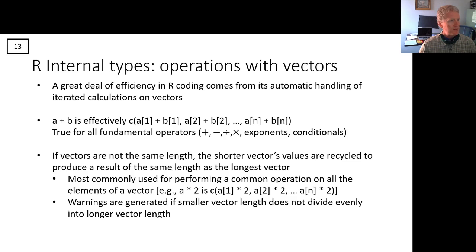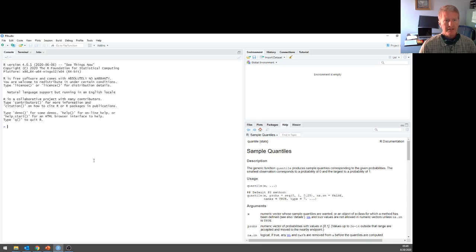So as usual, I'd like to spend a little time in an R console playing with how this works in terms of different types of recycling. If we create a vector, call it A, and we say this will be a sequence of numbers from 1 to 5 by 1, A is a vector of 5 numbers.